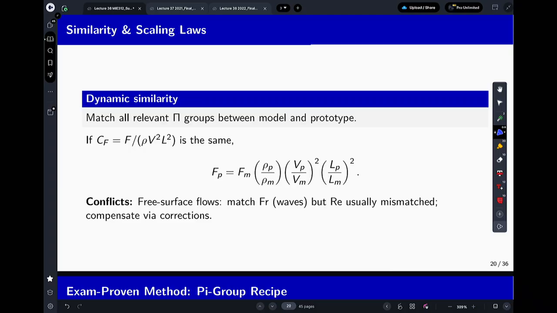On the other hand, you can make choices where you say, hey, I think it's more important to match Froude number than it is to match Reynolds number. Or, for example, if I look at the various lift over drag coefficients that we had, there's a certain point where you reach a constant lift factor no matter what your Reynolds number is. So you can drop down your Reynolds number and increase your Froude number to match what you want.